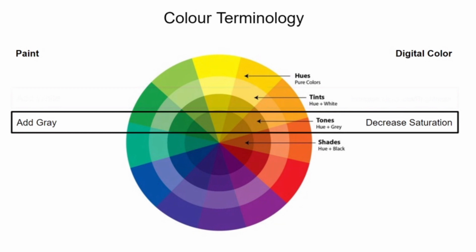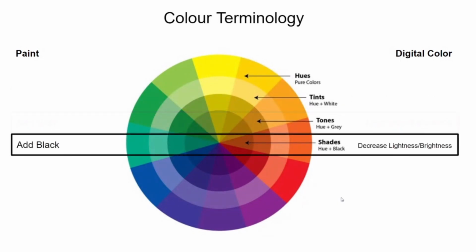To get a tone, in paint you add gray, and in digital color you decrease saturation. And to get a shade, in paint you add black. In digital color, you decrease your lightness, brightness, or value. So they're just words: hue, tint, tone, and shade, and different ways to get them.